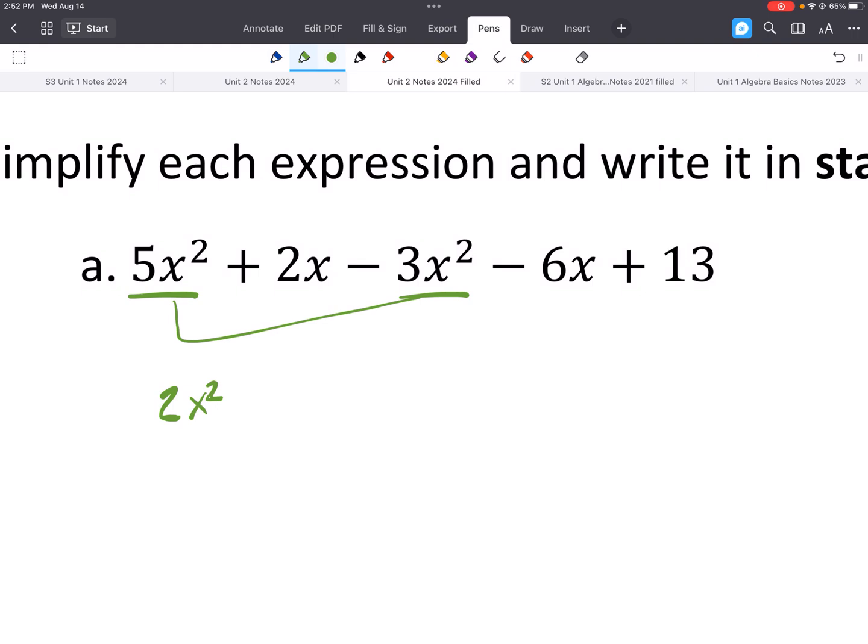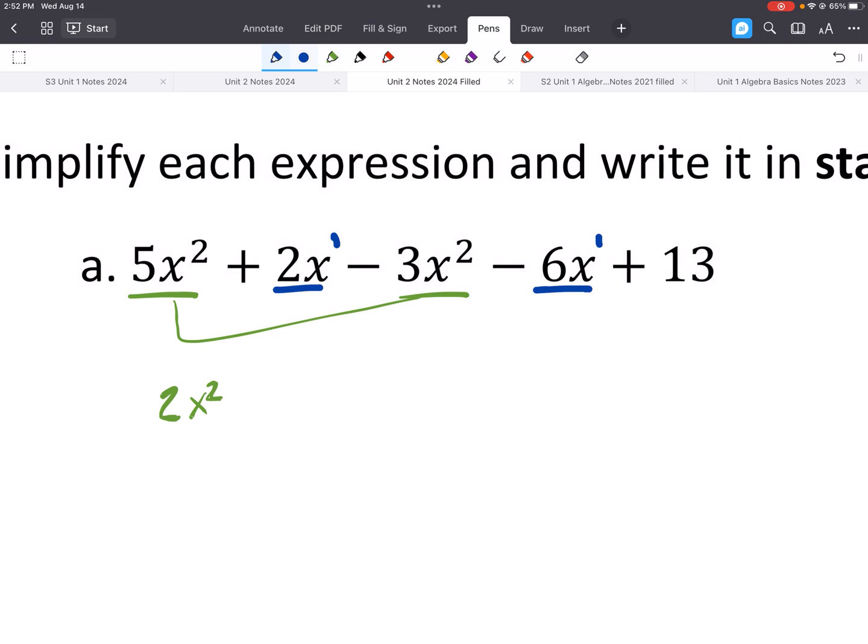So it's not going to give us 2x to the 4th. We don't add exponents like that. The exponents only change if we're multiplying or dividing the bases. If you refer to our last lesson, that might be helpful. All right, our next highest would be our x's. Those would be x to the 1s. We don't have to write those, obviously.